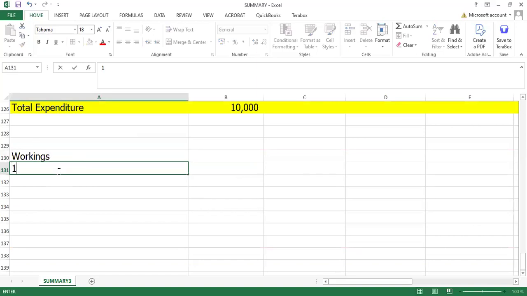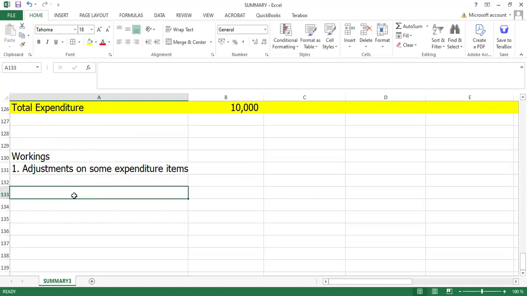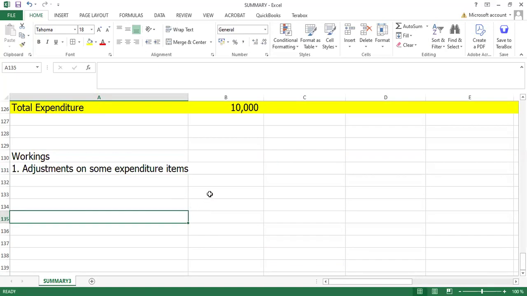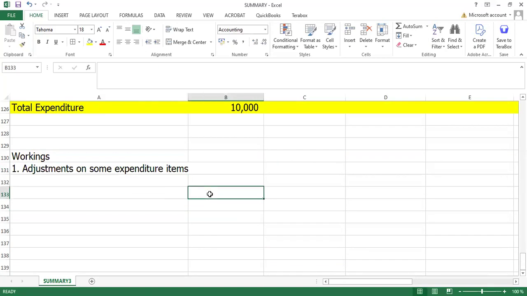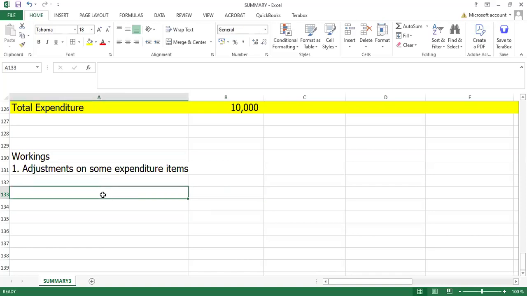My working one is really doing the adjustments on some expenditure items. It really depends on you how you want to do this, because our presentation may differ. But I can have the details here.